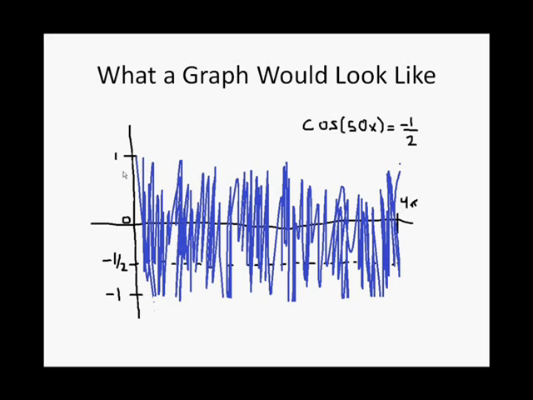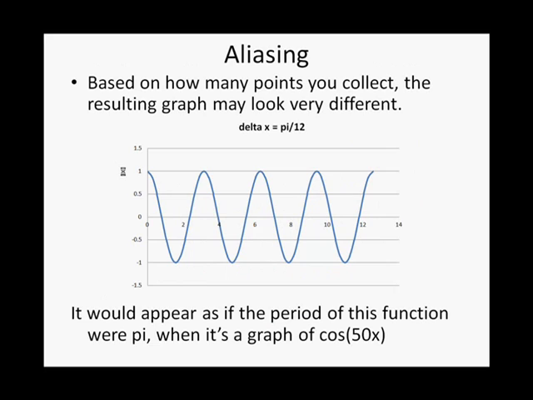Why does the calculator not do this? Well, there's a process technically known as aliasing, where those data points are there, but if we space out our data points in a certain way, the resulting picture will not look like the actual original picture.